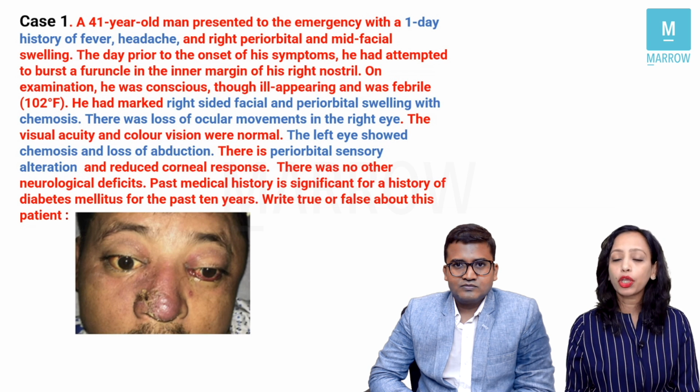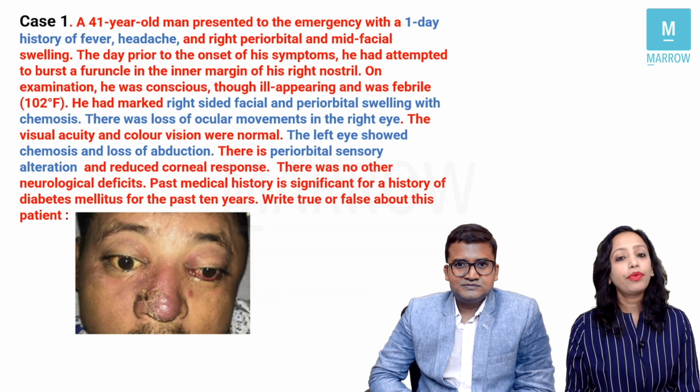There was loss of ocular movements in the right eye. The visual acuity and color vision were normal. The left eye showed chemosis and loss of abduction. There is periorbital sensory alteration and reduced corneal response. There were no other neurological deficits. Past medical history is significant for a history of diabetes mellitus for the past 10 years. Write true or false about this patient.